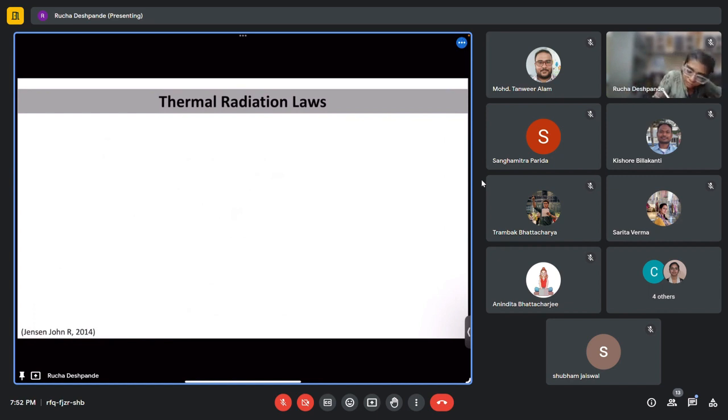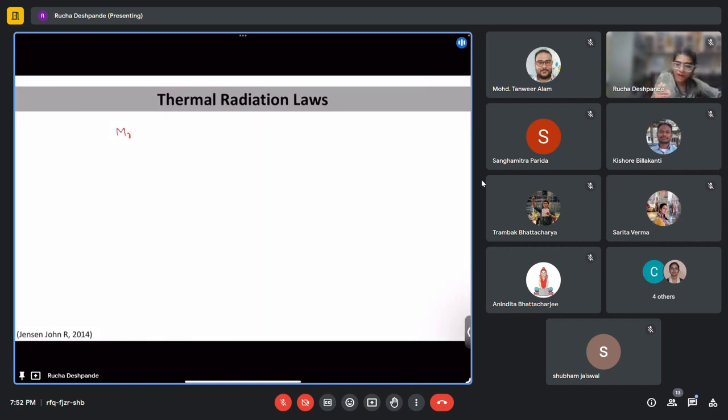So if M R is the spectral emittance, the spectral radiance of my real world object, then I would have to add this emissivity index in front of my black body formula. Depending on the value of emissivity, the radiance emitted by the real world object would change.